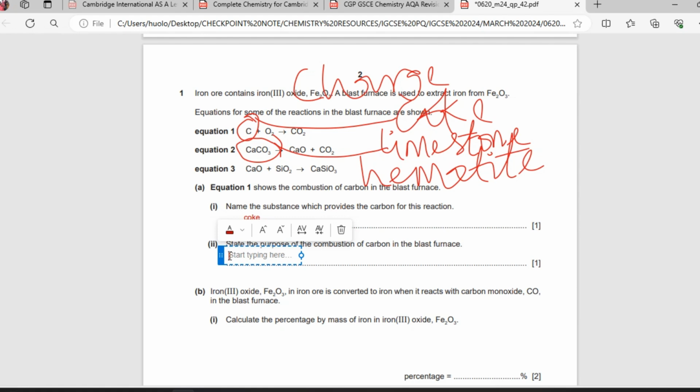for the extraction. Okay, so you say it is an exothermic reaction that provides the heat needed for the reactions in the blast furnace.